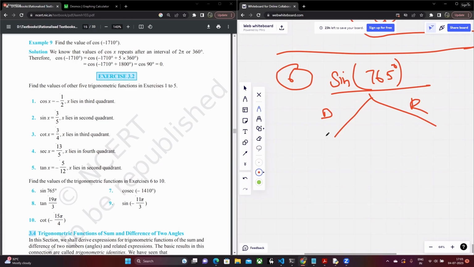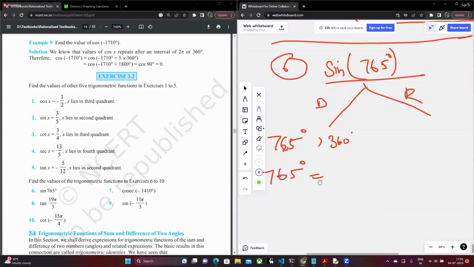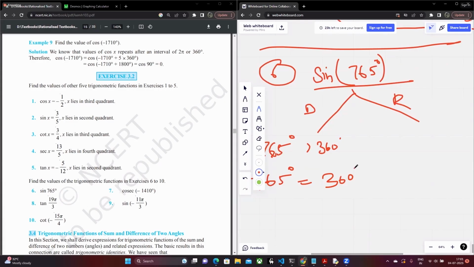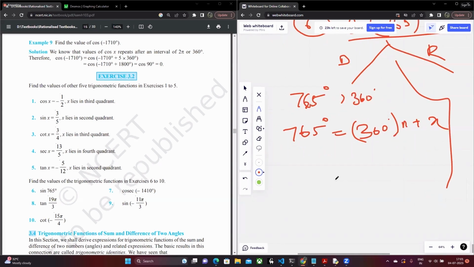That's it. Right. So if we're going to keep it in degrees, first know that 765 is greater than 360. Right. That means that you can separate 765 as 360 times n plus x. Right. You can write this in this form. Just if you see it, this is going to be 720 plus 45 degrees.